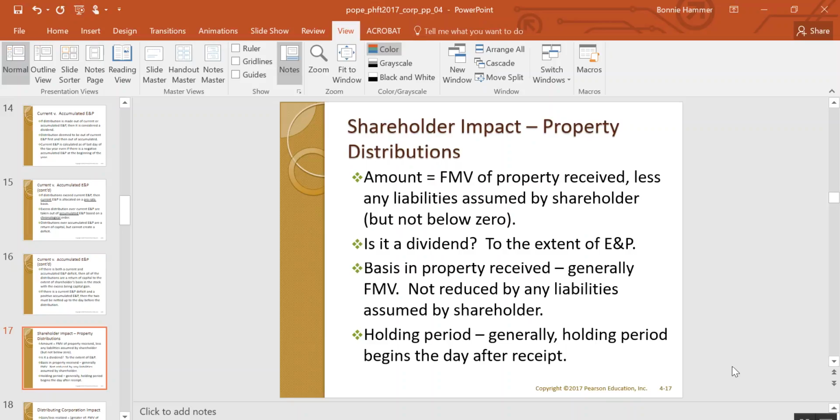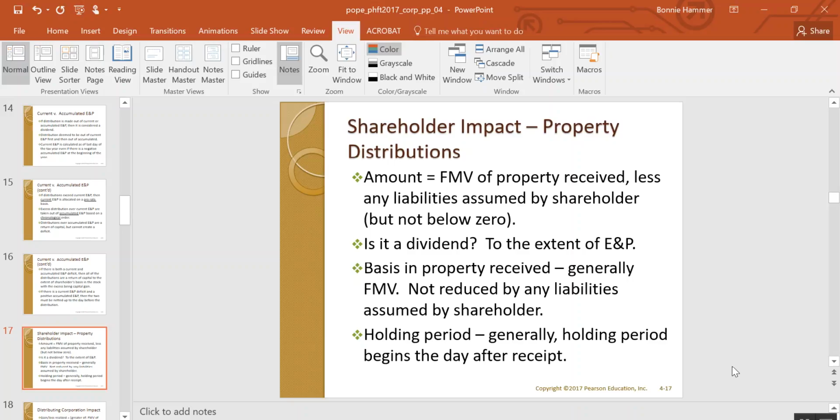So now we talk about one of our questions that we had to answer, and that's the impact to the shareholder on property distributions. When the corporation distributes property, the amount that's deemed distributed is the fair market value of the property received less any liabilities assumed by the shareholder, but not reduced below zero.